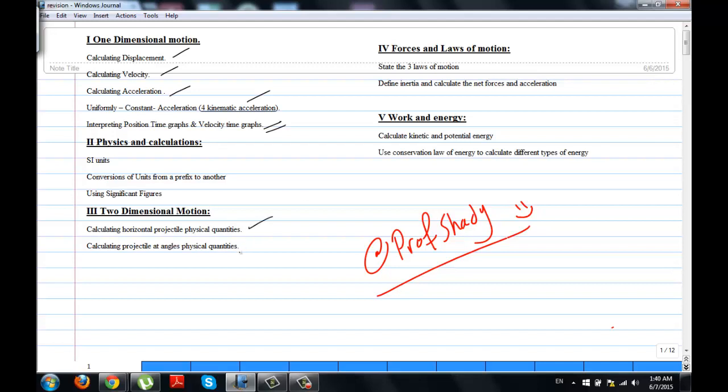We covered the horizontal projectile and projectile launched at an angle in the two-dimensional motion. I will make another video inshallah to summarize the remaining ideas here, work and energy and forces.